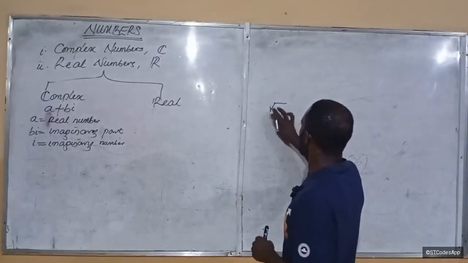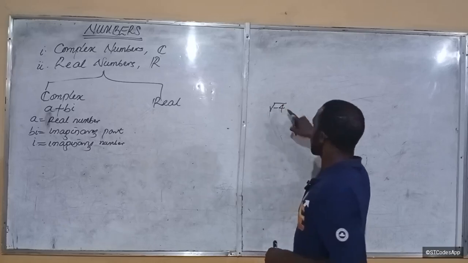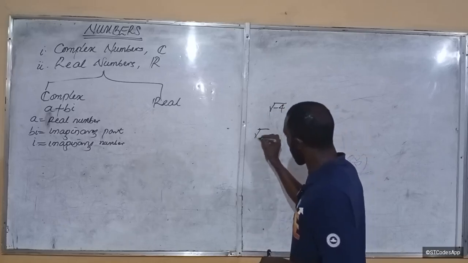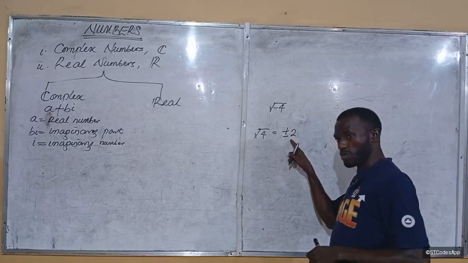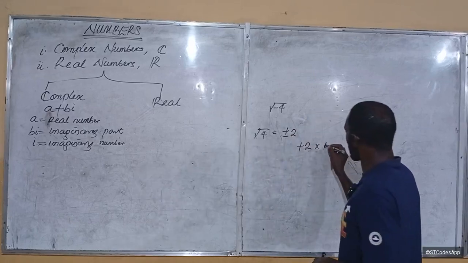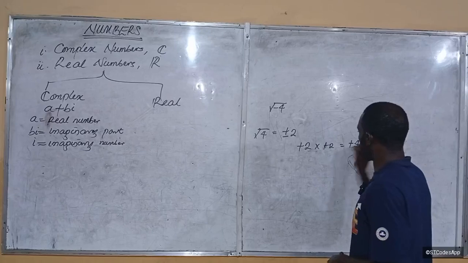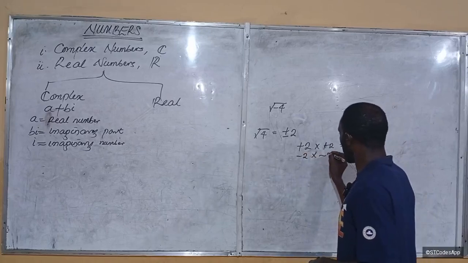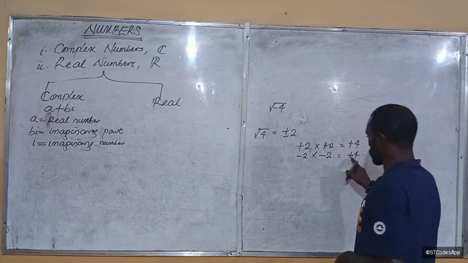For example, let me use a perfect square like 4. You know that the square root of 4 is actually plus or minus 2. This means plus 2 times plus 2 gives 4, and minus 2 times minus 2 is equal to plus 4, because minus times minus is plus.